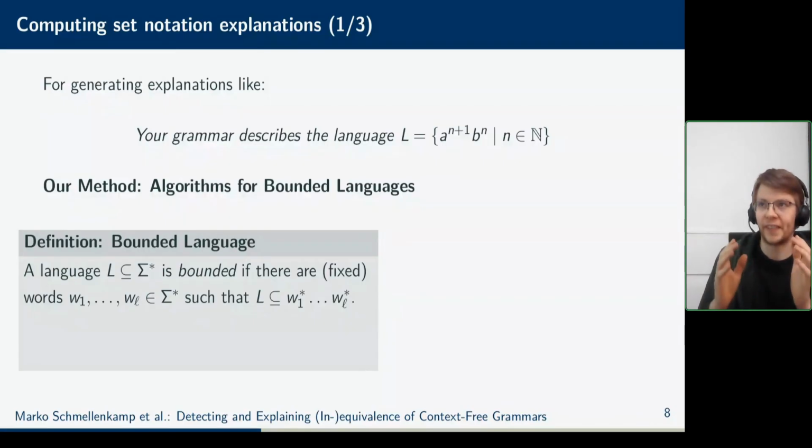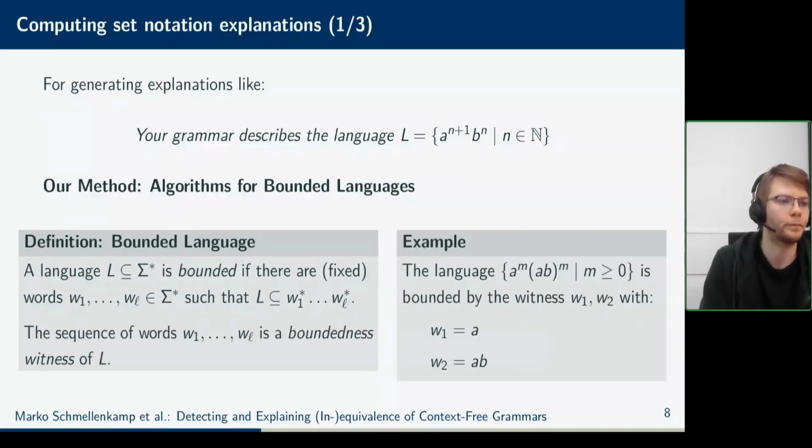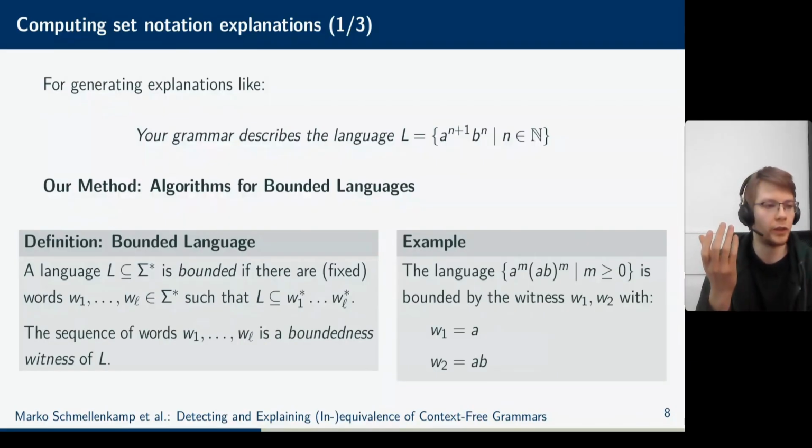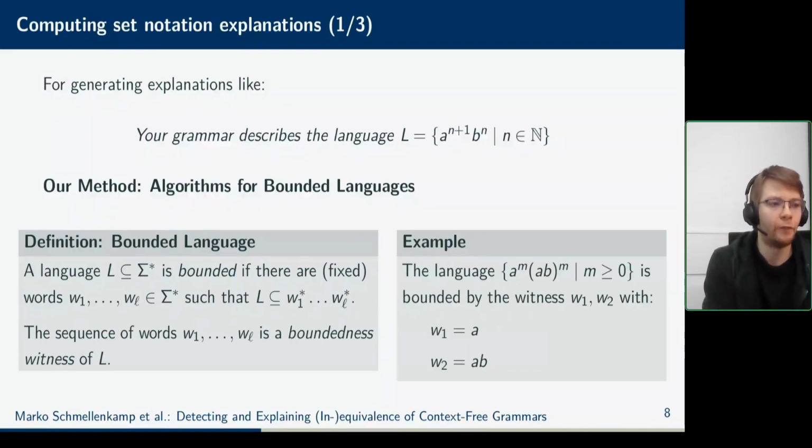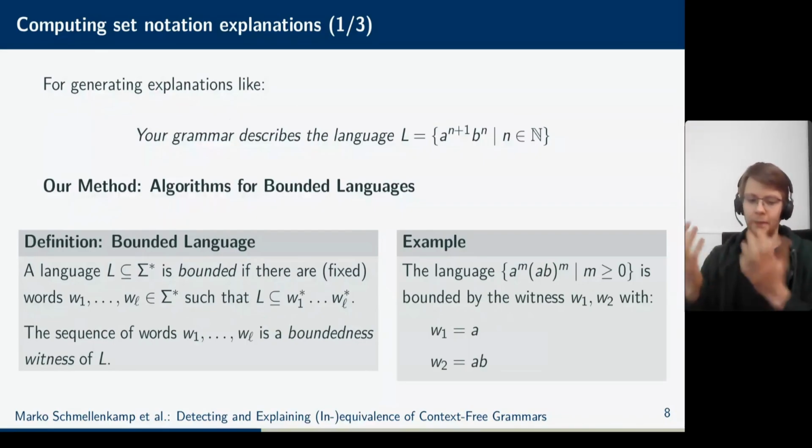Every word consists of the same blocks, and only the number of repetitions of the blocks differs. These words, these blocks, are called the boundedness witness. For example, the language a to the m, ab to the m is bounded because it has the boundedness witness a and ab.